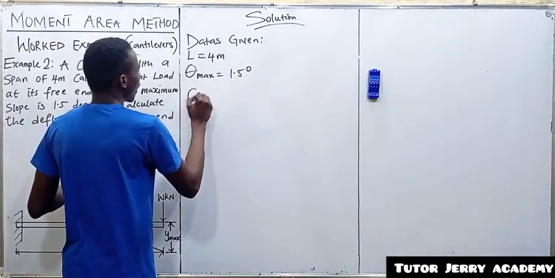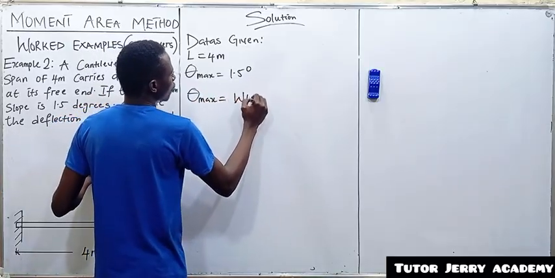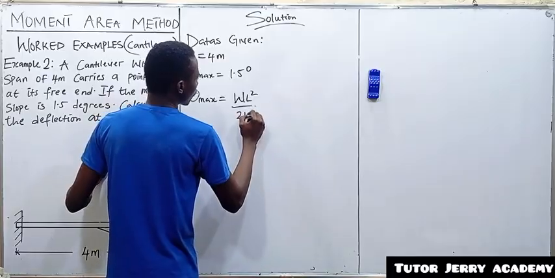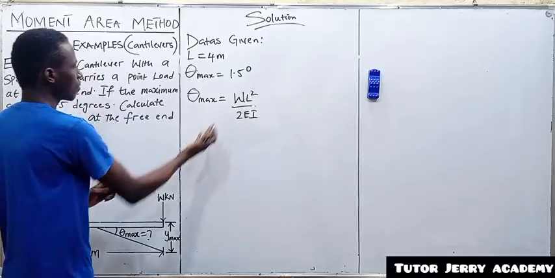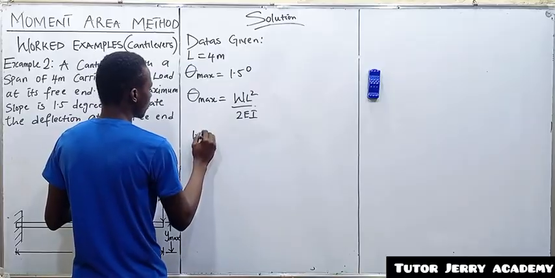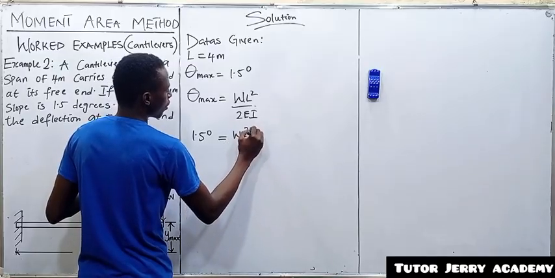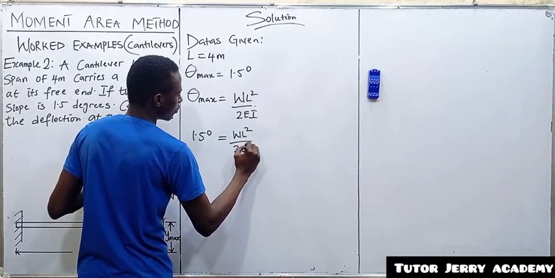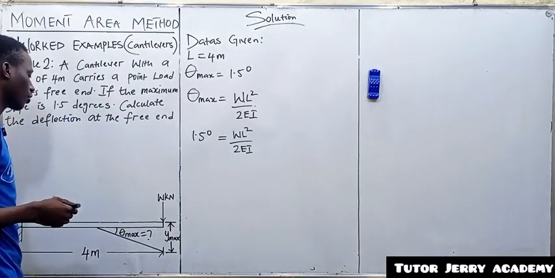Now from here we can substitute the value of 1.5 degrees equal to WL square all over 2EI.